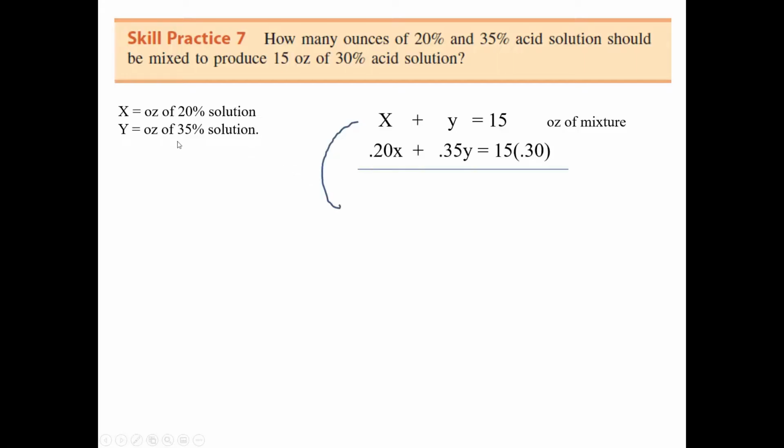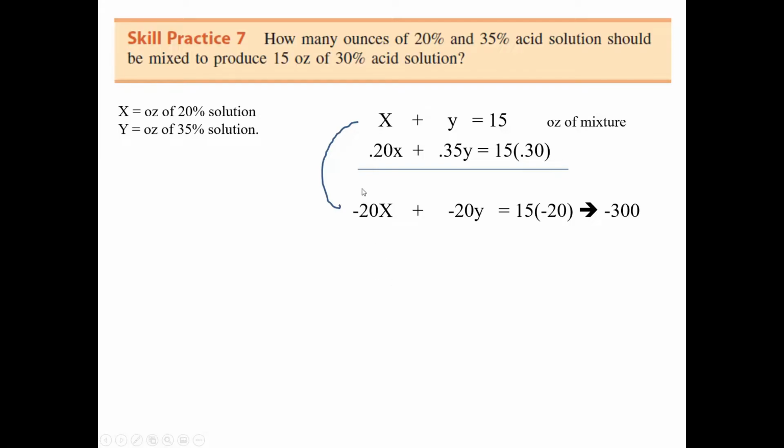In this case, then, the second equation, we evaluate the ounces of 20 and the ounces of 35. And here, we've got to have our 30% solution times the 15 ounces. Back on the previous problem, they told it was 428, and that was already the portion amount. But since they haven't given you that, then you have to multiply this.